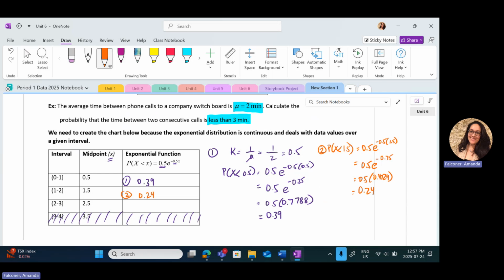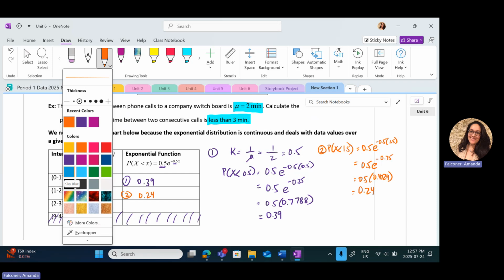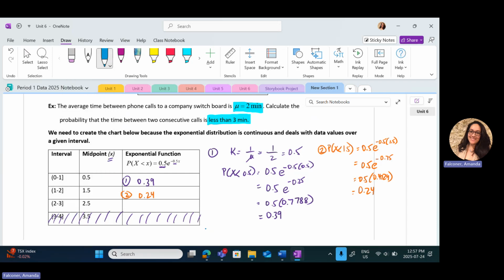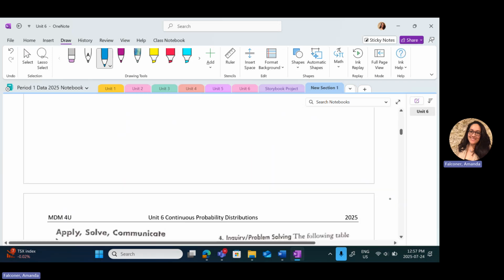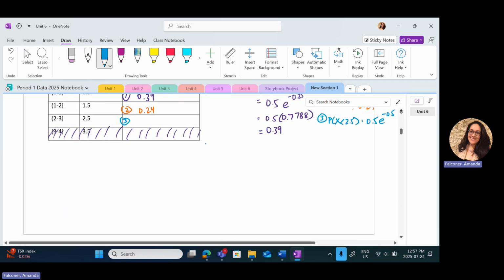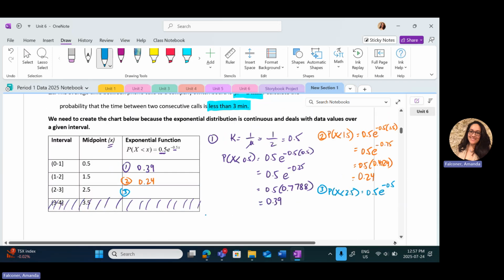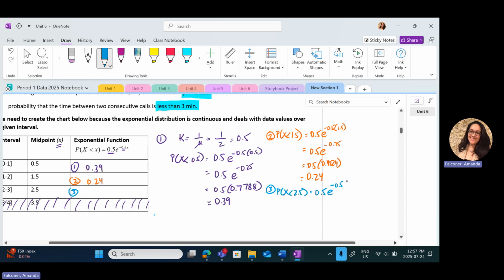And then my final likelihood, I'll do that in this lighter blue color. I'm subbing in 2.5, so that's the likelihood that random variable x is less than 2.5, with x being 2.5: 0.5 times Euler's number to the negative 0.5 times 2.5.